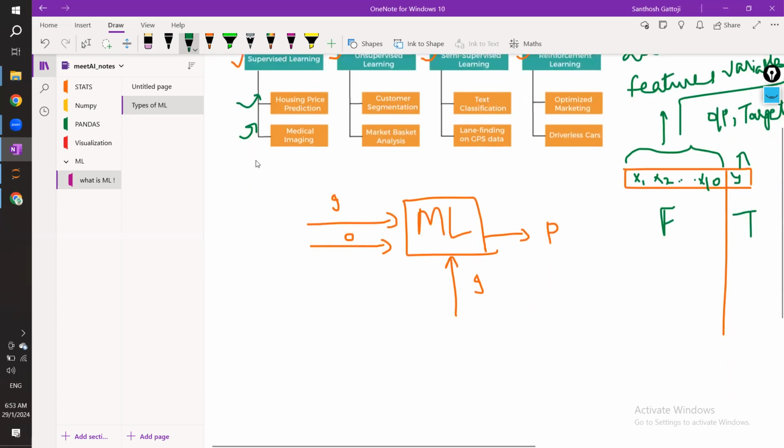As we have seen in the first session, spam classification, diabetes prediction or heart attack prediction, or stock market prediction. Most of the real life examples where we predict something.